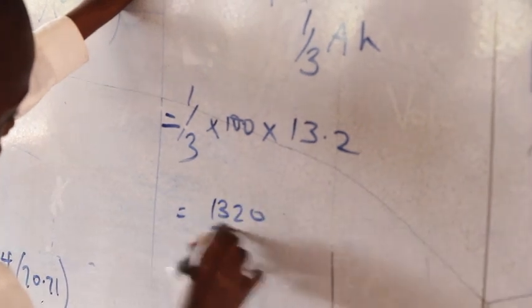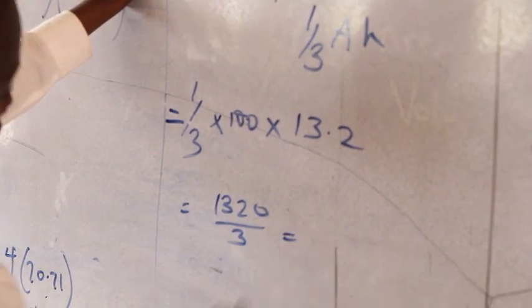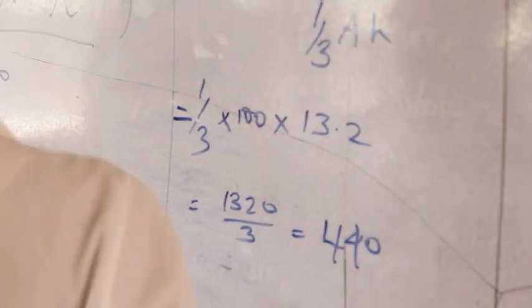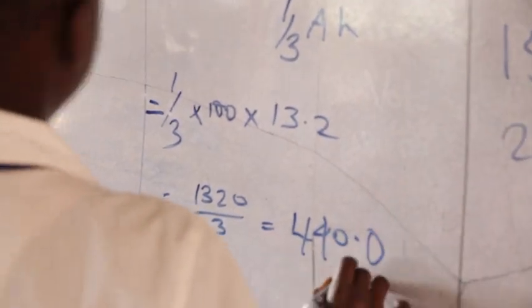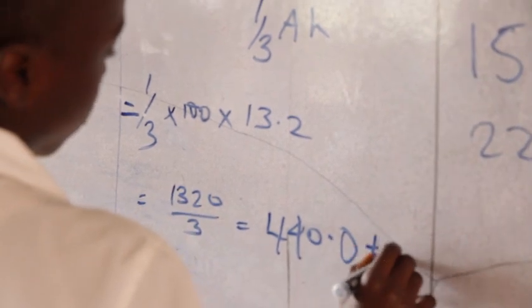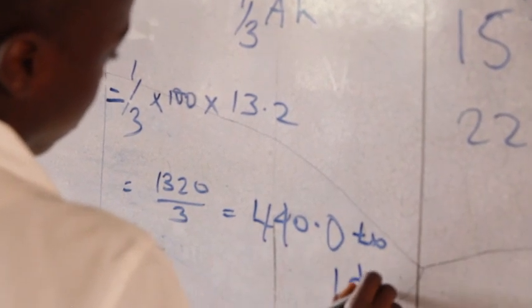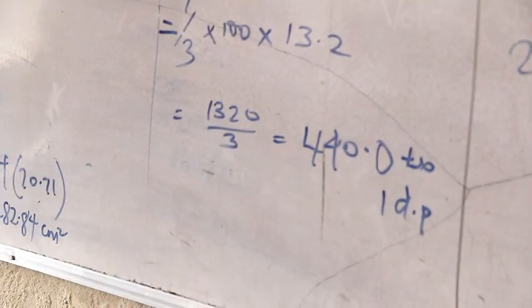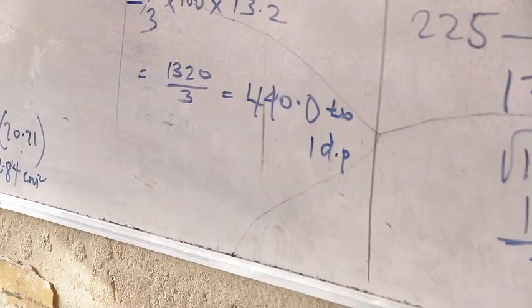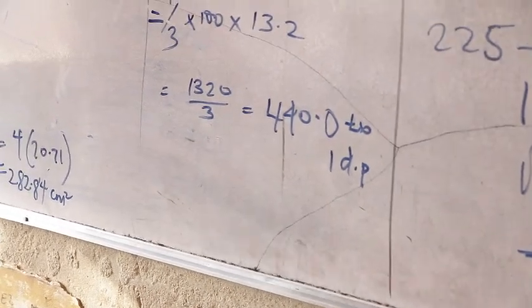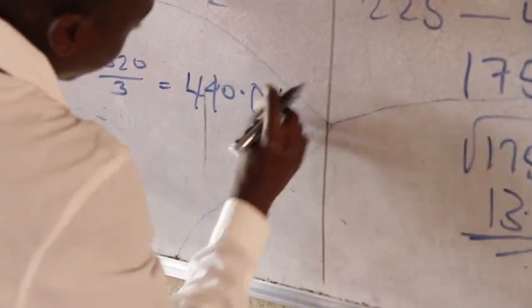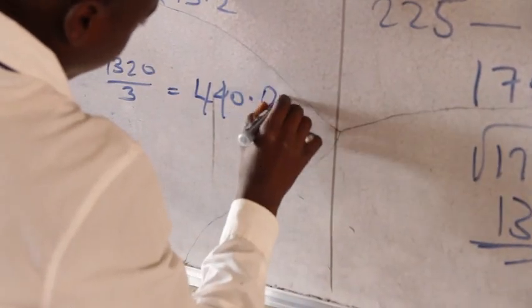Good. 440.0. Okay, to 1 dp. Is this the final answer? There's no unit. Point 0, cancel. Point 0.